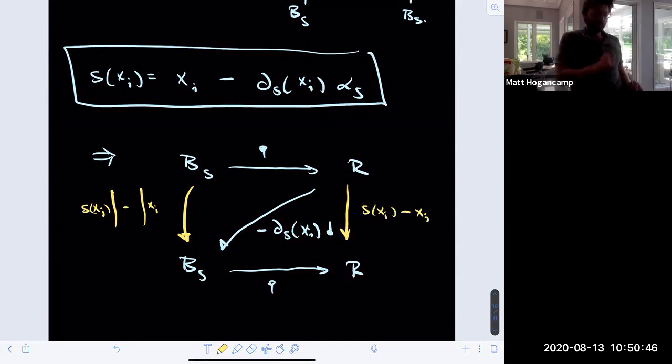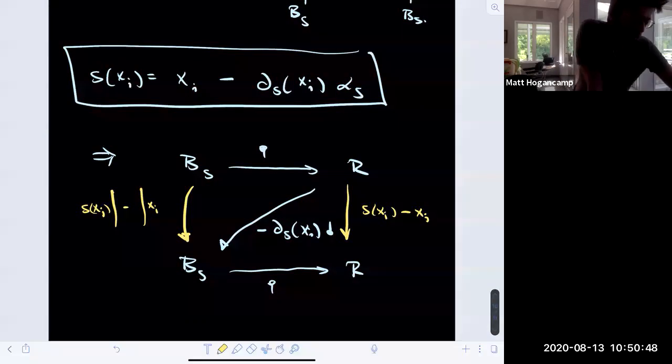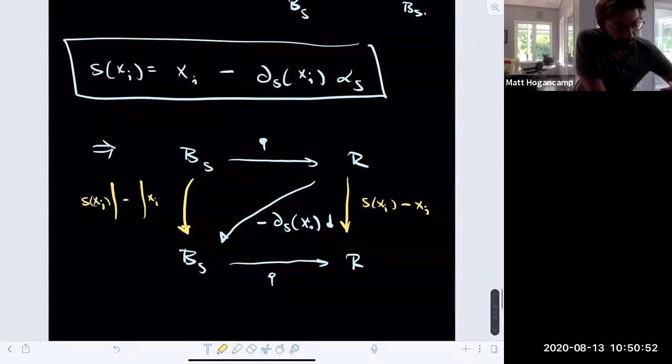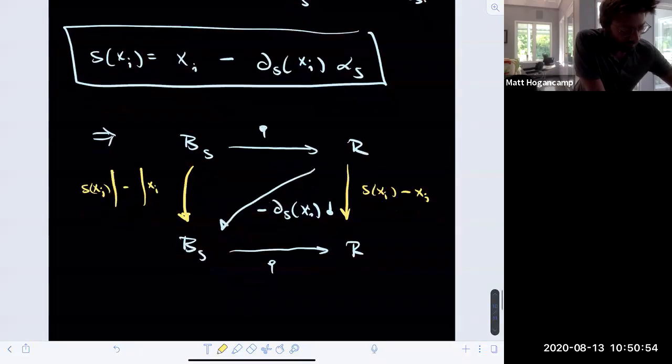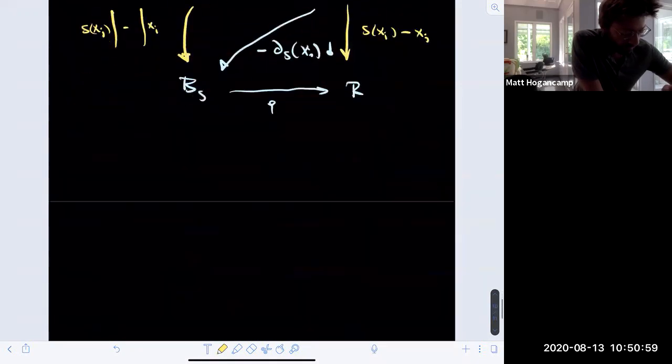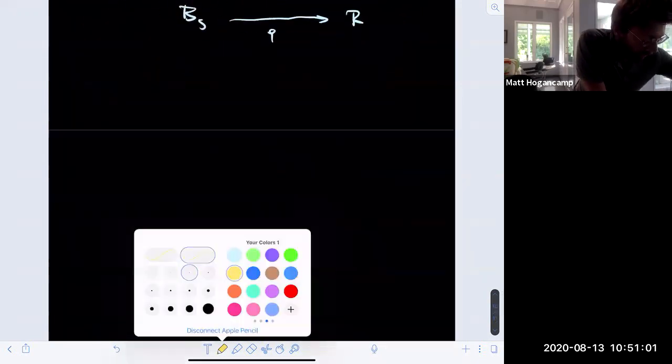Okay. So adding up these homotopies with coefficients gives us exactly the curved Rouquier complex.